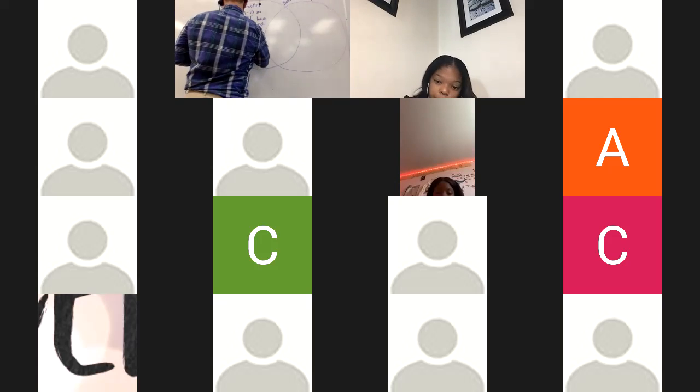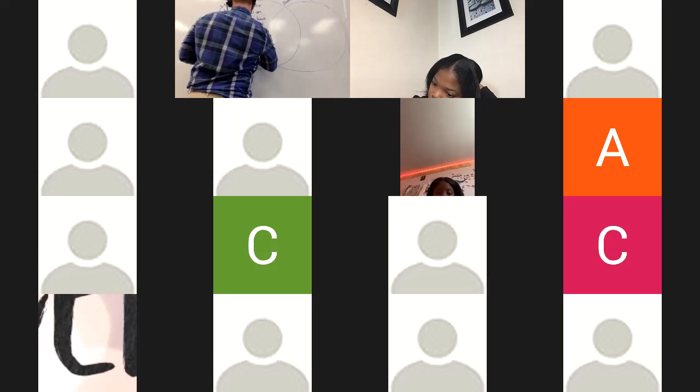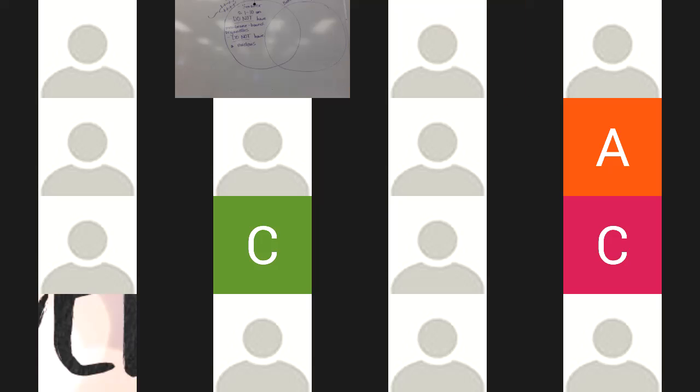And they also do not have a nucleus. So if they don't have a nucleus, which is the organelle that holds DNA or genetic material, where is the genetic material in a prokaryotic cell? Where would you find the genetic material?